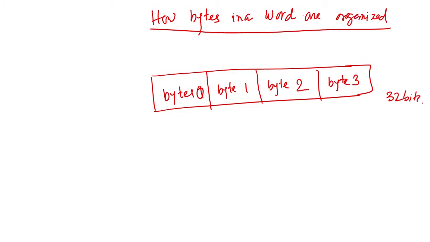Okay. As I said, each byte should have an address, each group of bits should have an address. So, this one will have some address, this one also will have some address, and so on. So, let us say this byte's address is 0, this byte's address is 1, this is 2, this is 3.